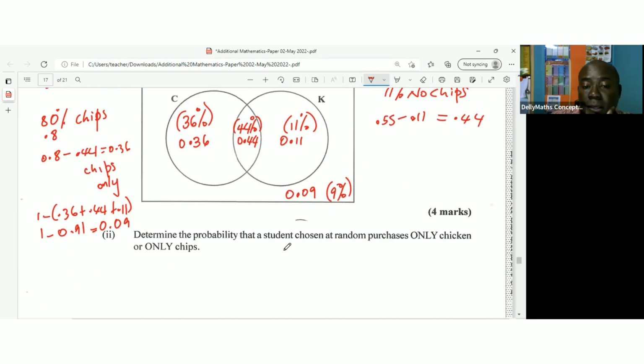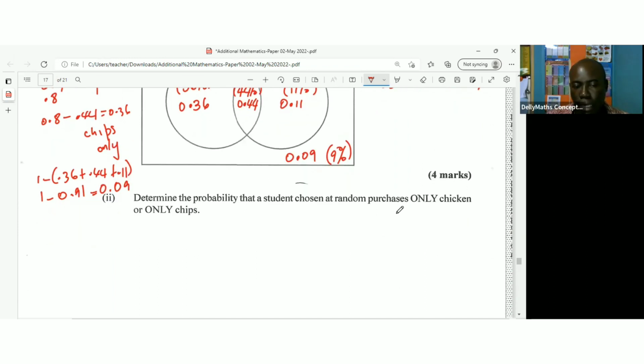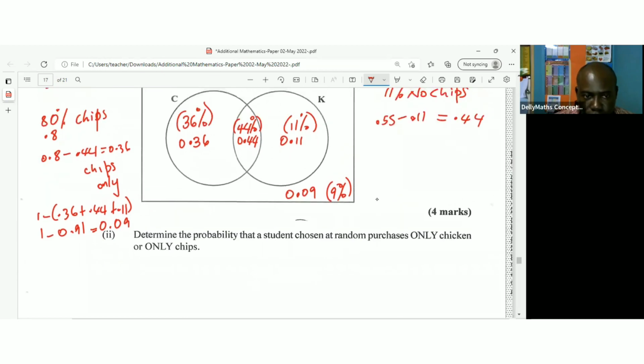Determine the probability that a student chosen at random purchases only chicken or chips. Now, the big word here is or. The only is not the issue, it's the or. So when we have or in probability, then we are going to add the ideas. So or suggests that we're going to be adding the ideas. If it was and, we would have multiplied, but it's or. So we're looking for only chicken, and only chicken is 0.11.